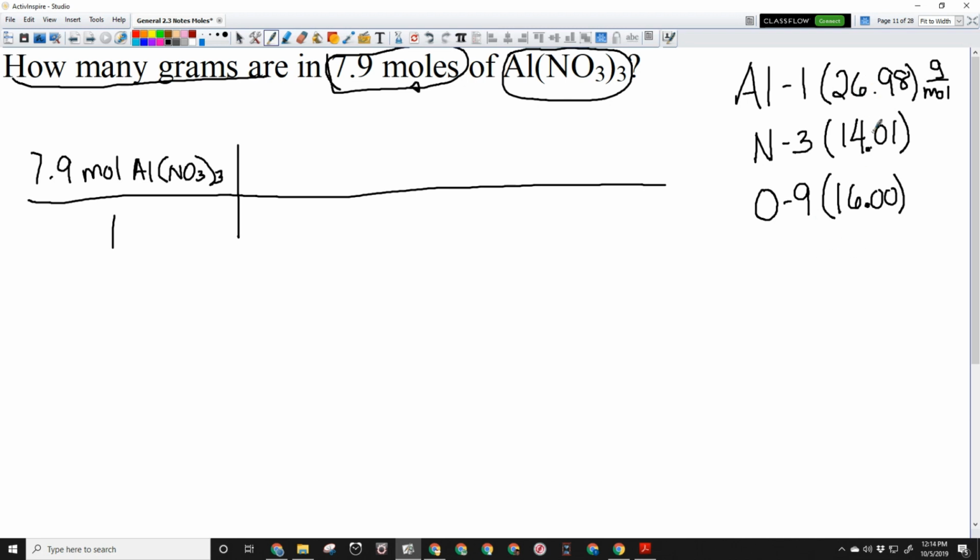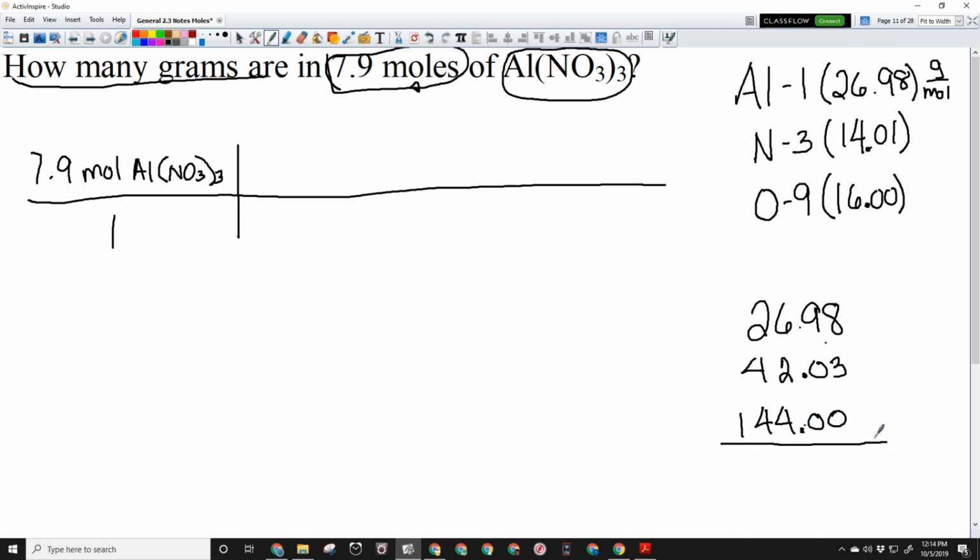All right, so we need to multiply each one of these. So 1 times 26.98 is 26.98. 3 times 14.01 is 42.03. And then 9 times 16 is 144.00.